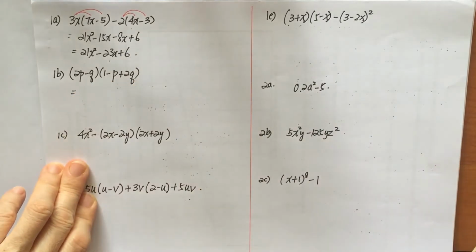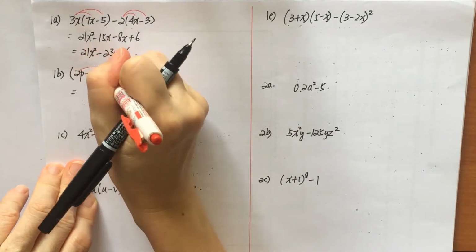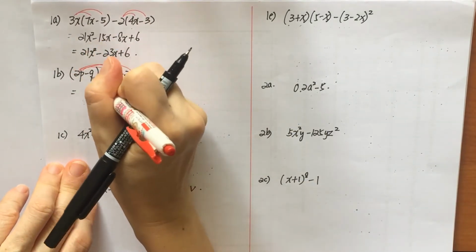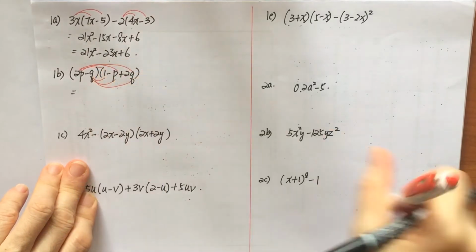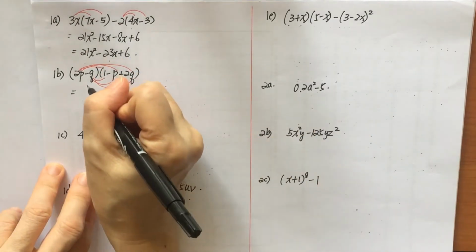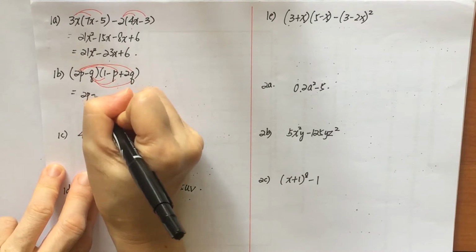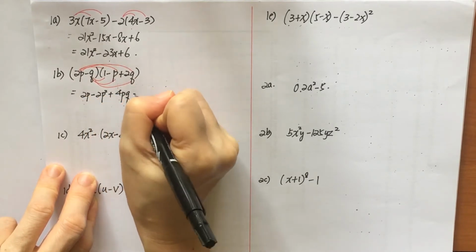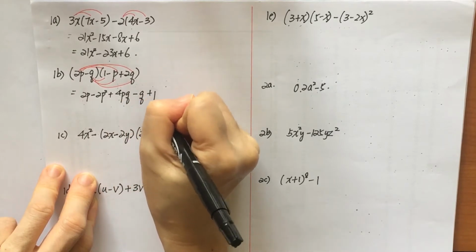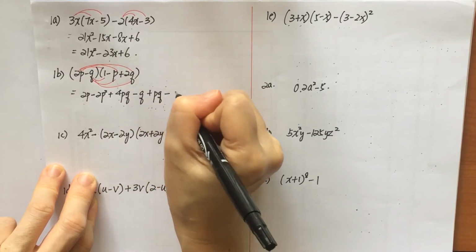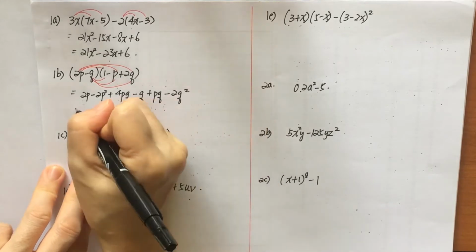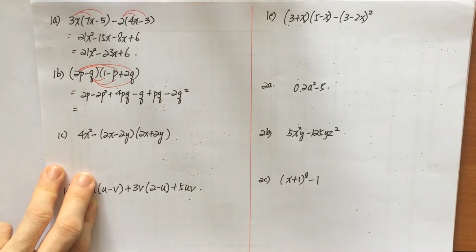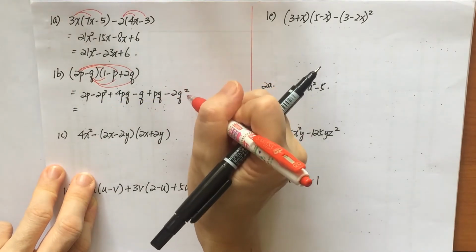Question 2. Use 2 to multiply, then use 2p to multiply, then q to multiply. So we have 2p minus 2p squared plus 4pq minus q plus pq and then minus 2q squared. Then after you have expanded everything, you see whether there's any common term.